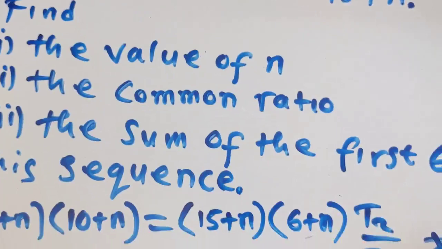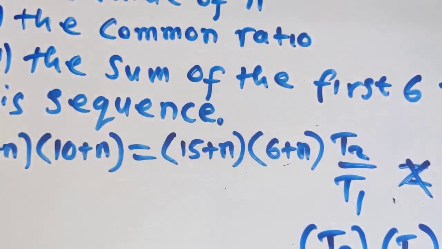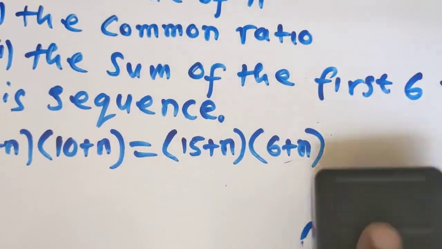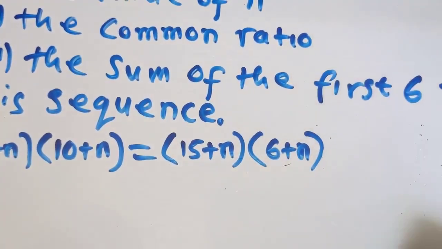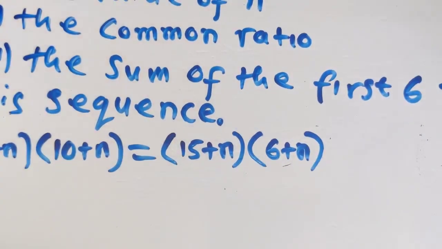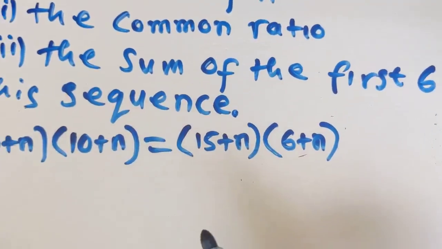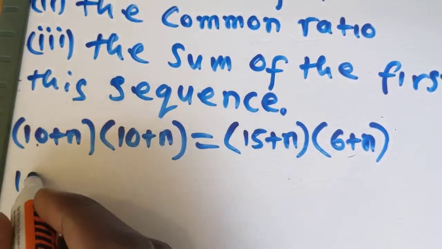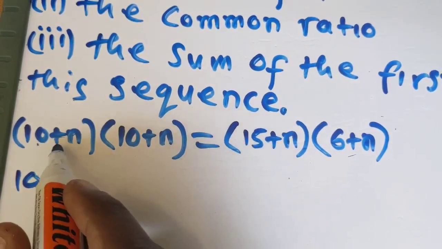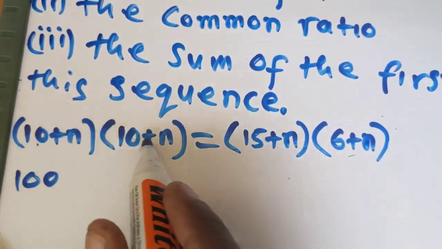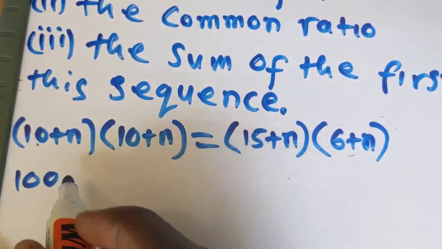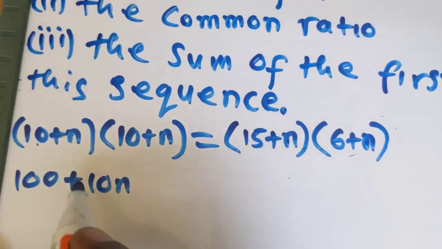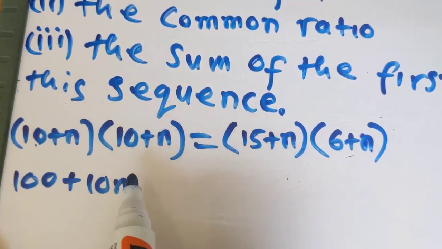From here we can now multiply and expand. So we say 10 times 10, that is 100. Then 10 times n, that is plus 10n.